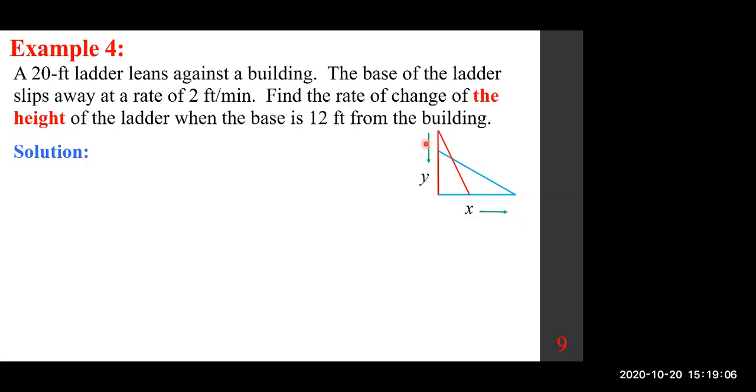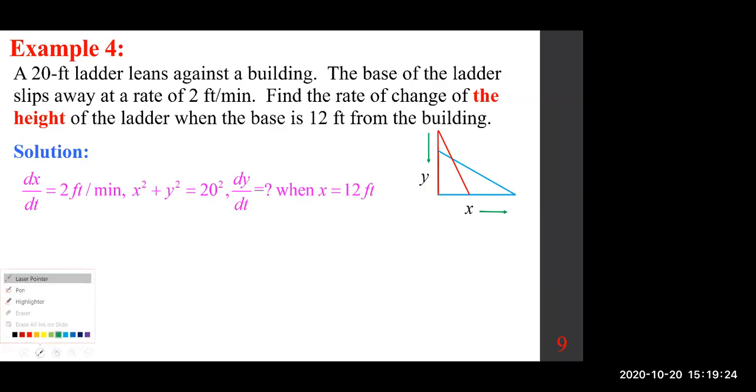The height, we used y, so we want to know what dy dt is when we know x is precisely 12 feet. So this uses the Pythagorean theorem, x squared plus y squared equals 20 squared. In other words, we are using a squared plus b squared equals c squared. Okay, class?